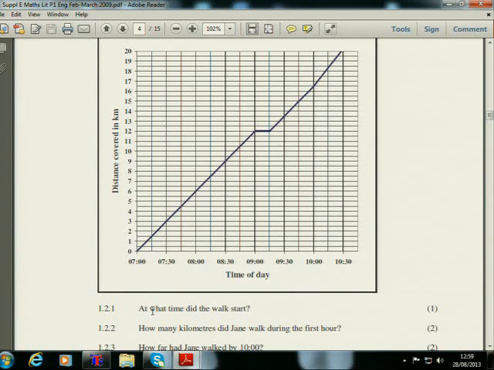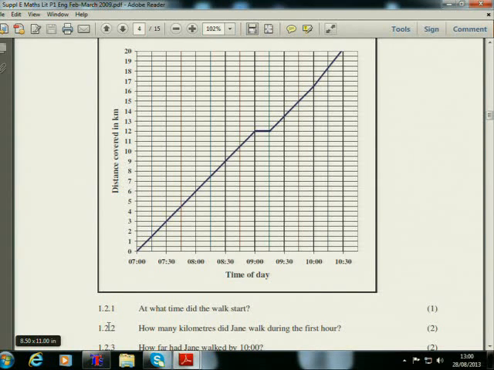1.2.2. How many kilometers did Jane walk during the first hour? Now, if you start counting from 7 o'clock and you add an hour, the time puts us at 8 o'clock. Looking at the graph, we need to go straight up from 8 o'clock until we meet the graph, and then go across to the left to see the distance covered in that first hour.